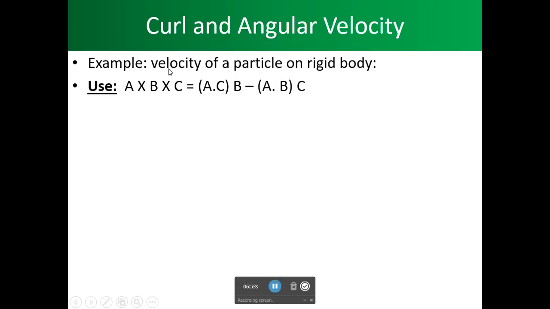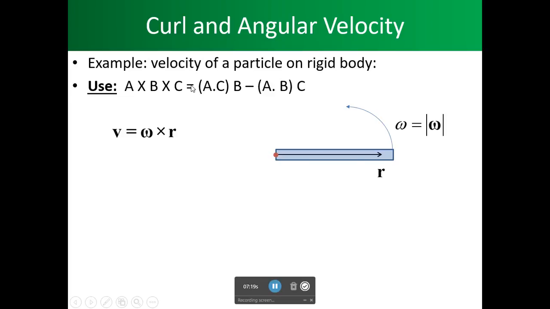You're going to have two cross products, and when you have two cross products, you can use this identity. Then you have to be very tricky with this identity. So there are lots of things you have to look up to solve these problems if you have the angular velocity components.